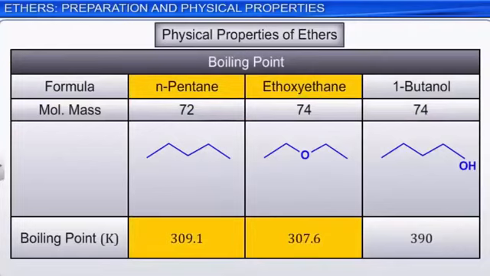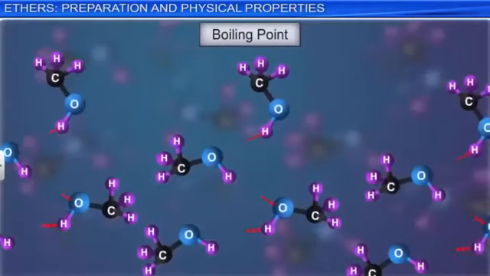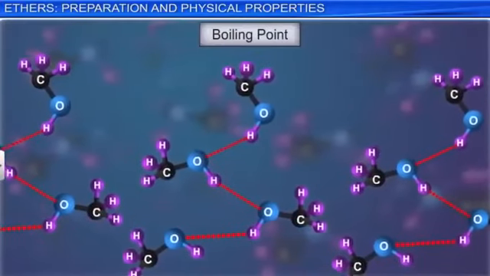However, ethers have lower boiling points than alcohols. Butan-1-ol has a much higher boiling point than ethoxyethane. This is because alcohols can participate in intermolecular hydrogen bonds while ethers cannot.